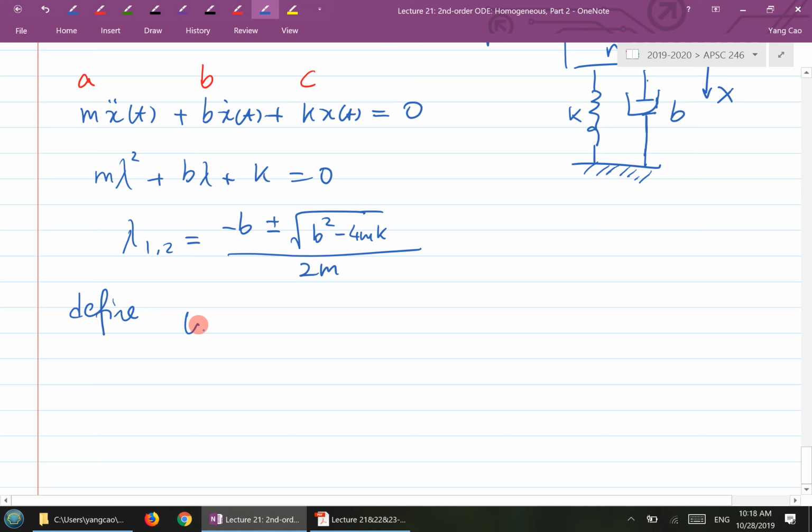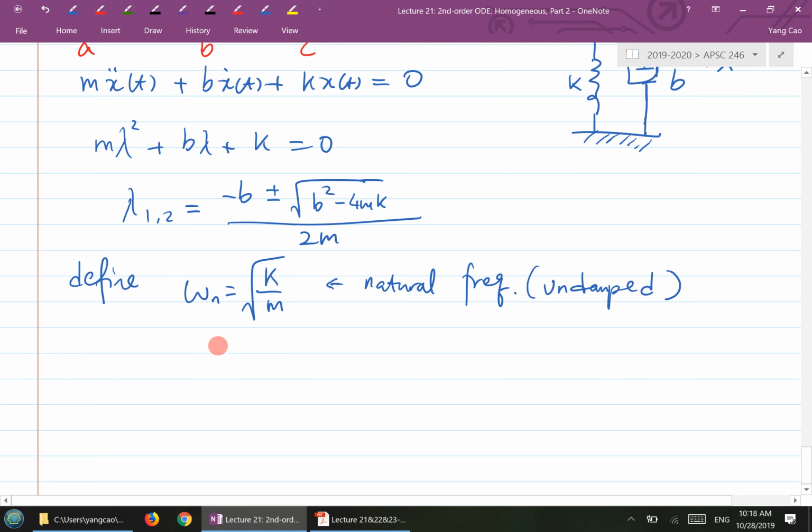We will define omega n as square root of k over m, just like case number 1, the undamped. This is what we call the natural frequency. Because now you have the damper here, we typically call it the undamped natural frequency. There is another one called the damped natural frequency, but anyway, that's your omega n.